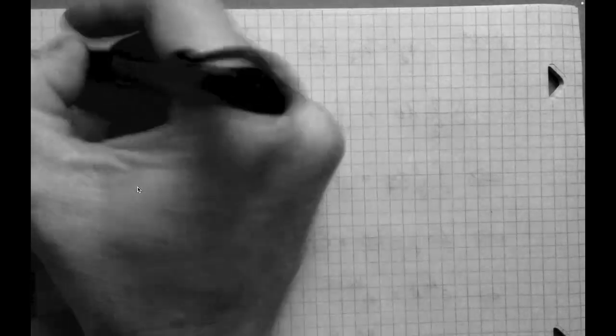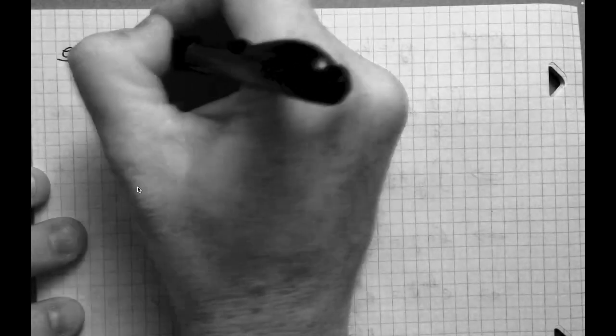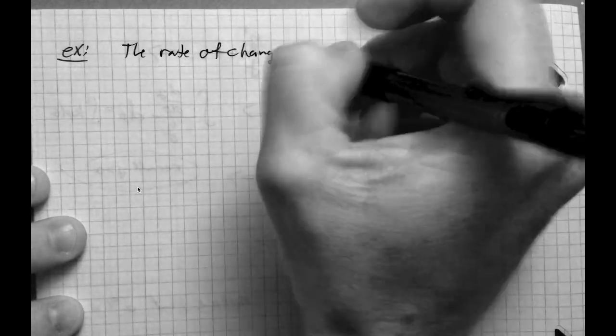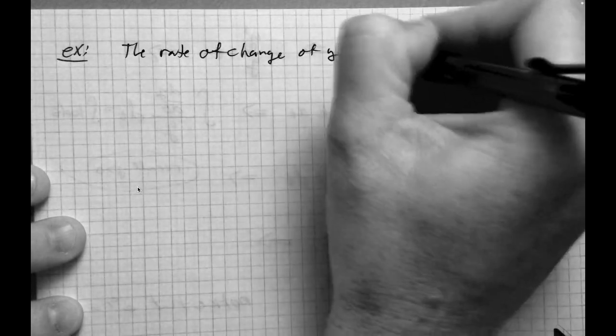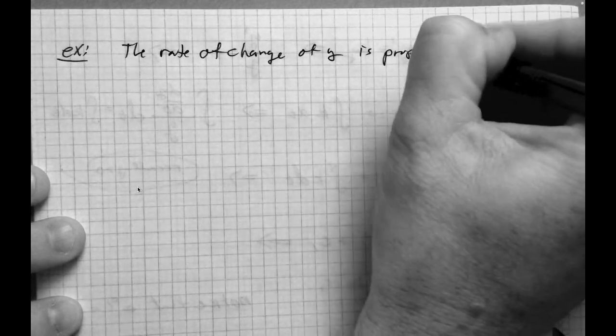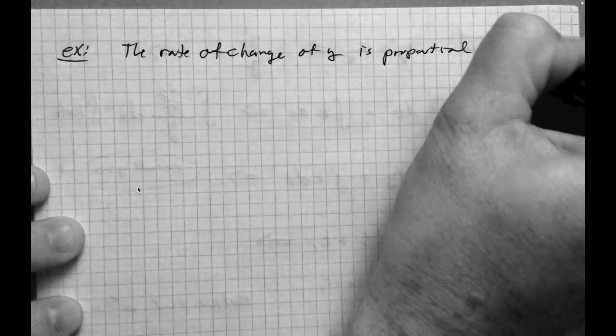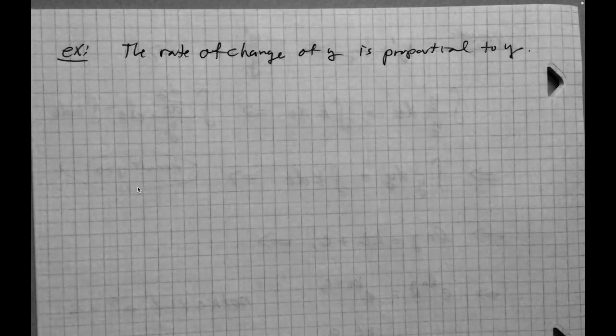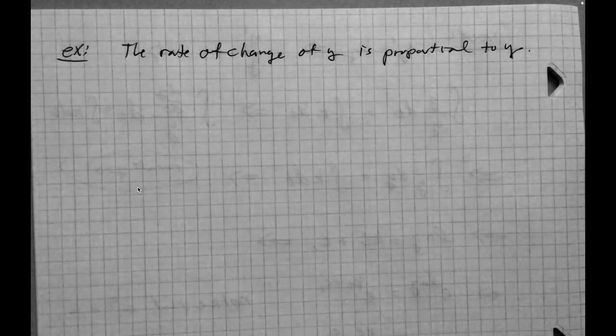So let's talk through an example here and see how some of this fits together. This is our first example. We'll write the rate of change of y is proportional to y. That's our first indication. That means basically y prime equals ky.